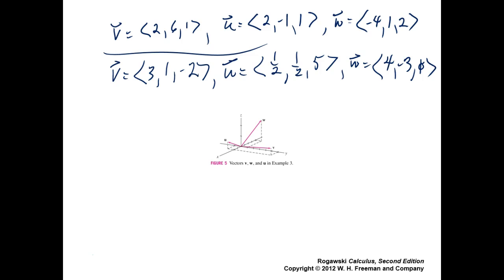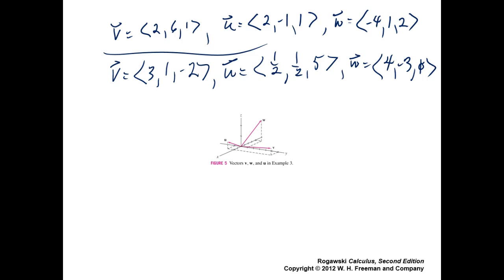How about U and W? 2 minus 3 halves, that'd be 1/2. So that will be acute, but awfully close to perpendicular, because it's a pretty small number. Make sense?